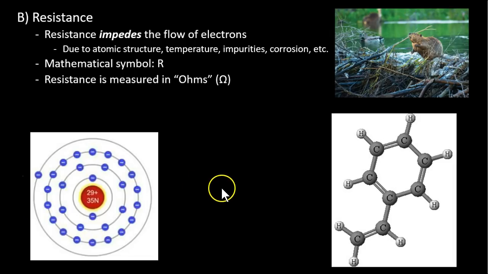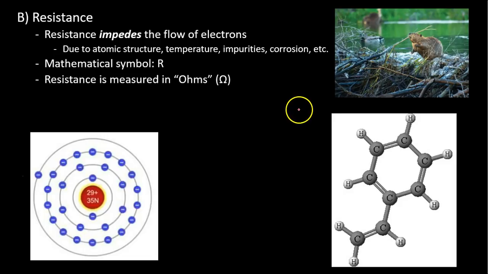Second topic. Resistance. Resistance is pretty straightforward. It's something that impedes the flow of electrons. And again, I'm going to go back to my water analogy. We could have water flowing down a river, but if we have something like a beaver making a dam, that dam is impeding. It's preventing water from flowing. The dam causes resistance in that water.